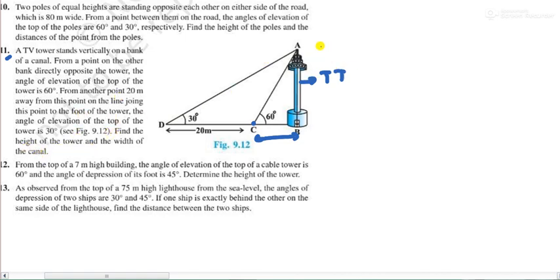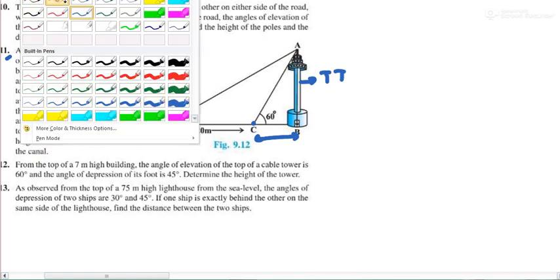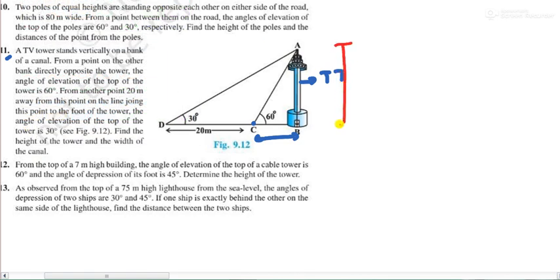Height of the tower means this length you have to find first, and this width, CB. Let me write this figure like this, so it will make it much easier. This angle is 60 and from here it is 30.